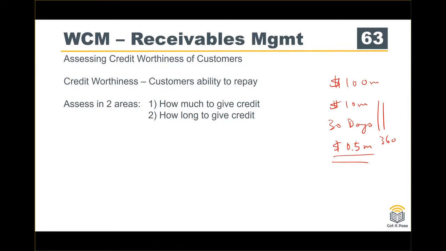So in this case, the account receivable balance should be on average about 0.8 million. So you think the credit limit of 0.5 million is adequate to support the sales?